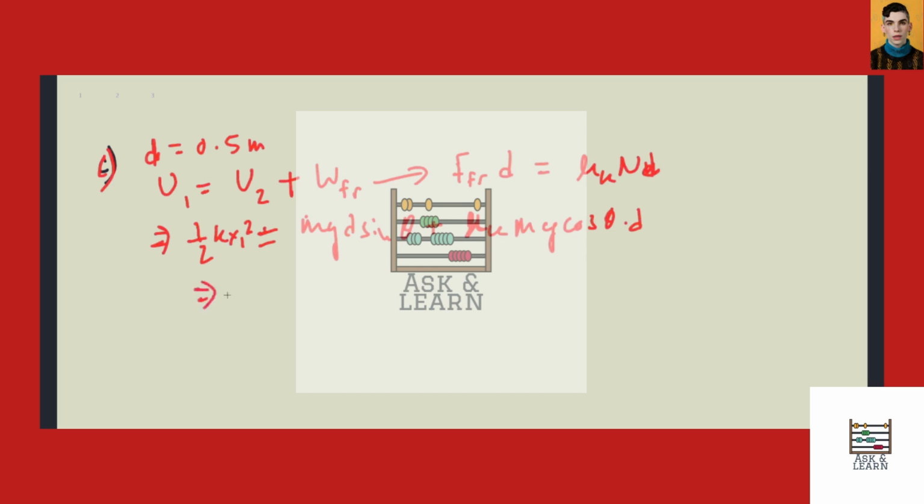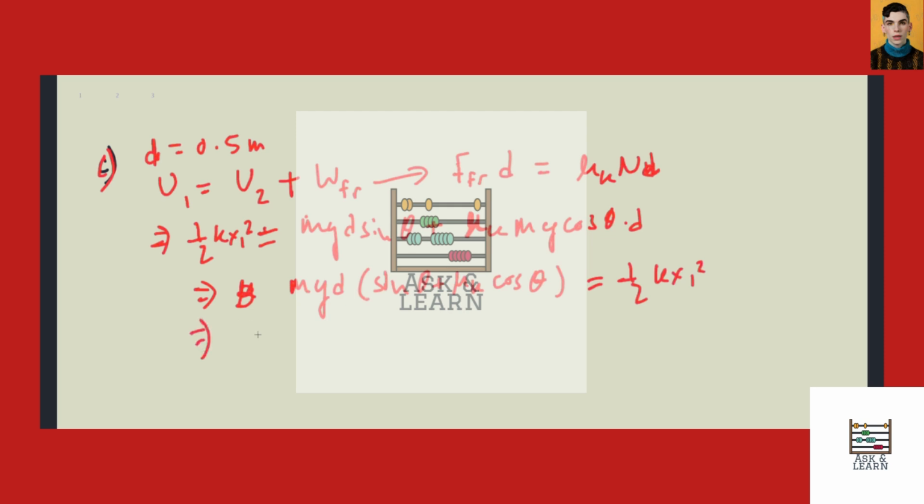Okay, so we want mu sub k, and so you can take the mgd terms common. Mgd times sine theta plus mu sub k cosine theta is equal to 1/2 k x1 squared.